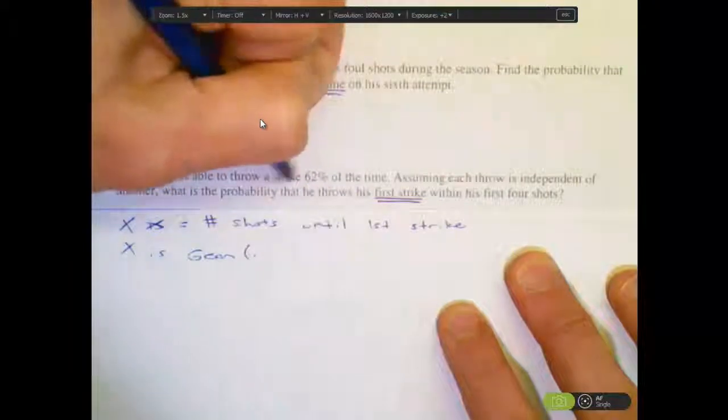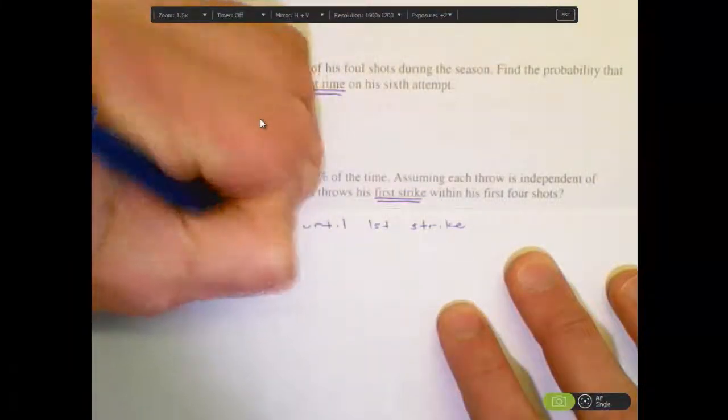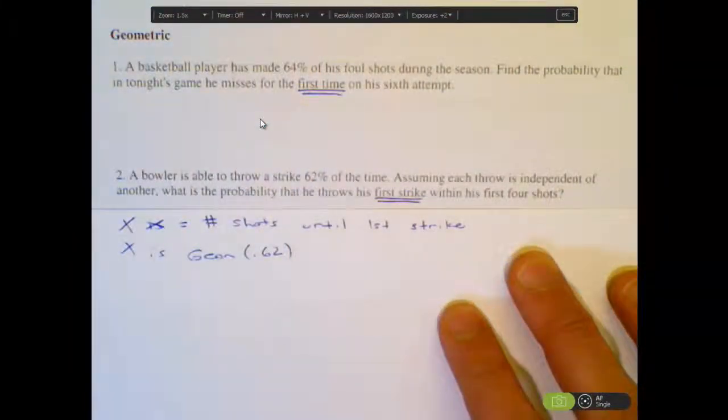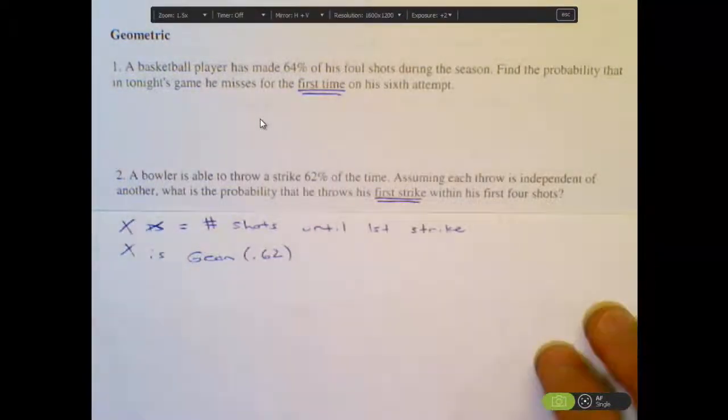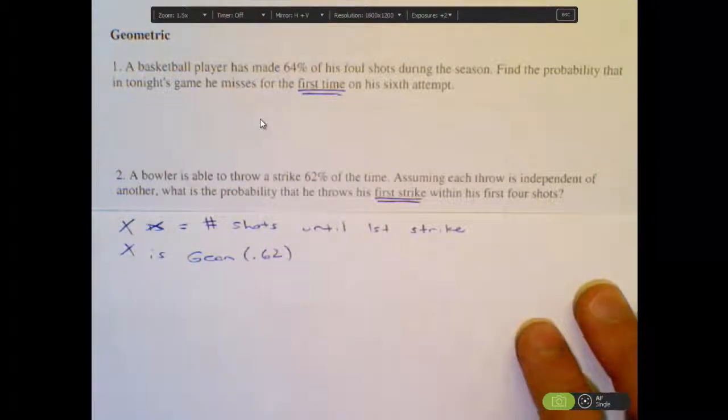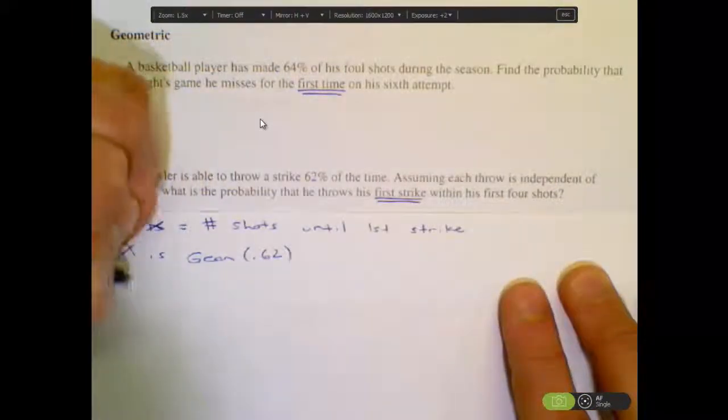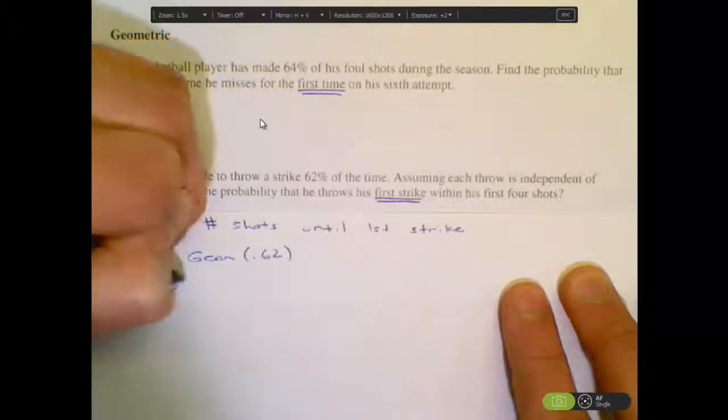He throws a strike 62% of the time. So X is geometric with a parameter of 0.62 within the first 4 shots. So what I need to realize is it could happen on the first shot, or the second, or the third, or the fourth. So I have the probability that X is less than or equal to 4.